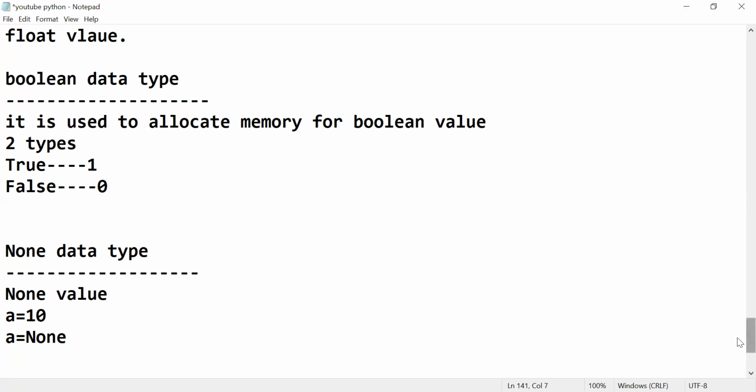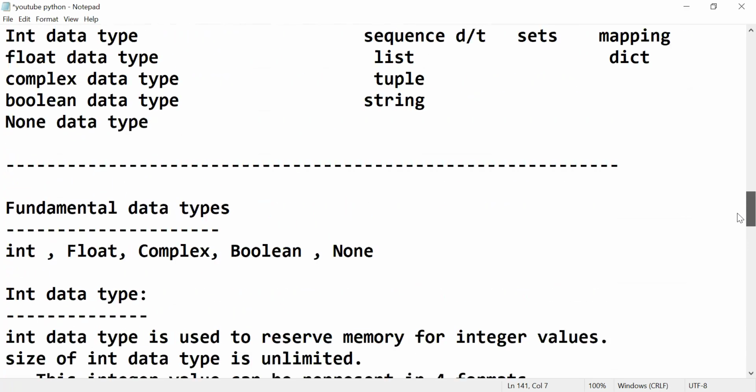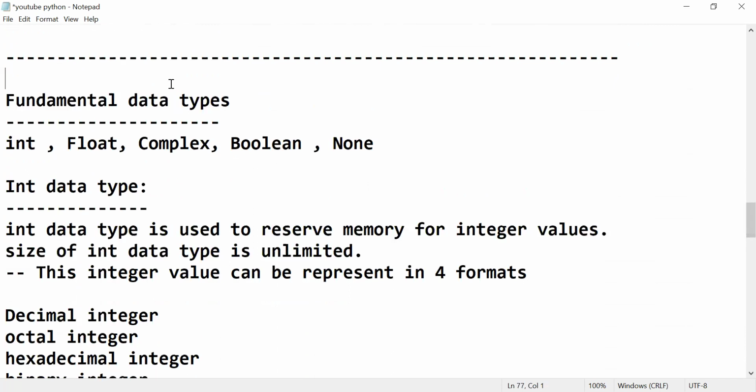See, guys, today we discussed fundamental data types. In fundamental data types, we discussed int data type, float data type, complex data type, Boolean data type and none data type, guys.